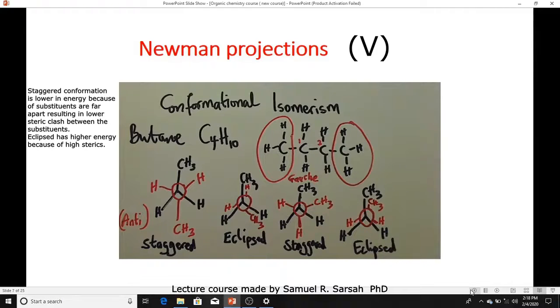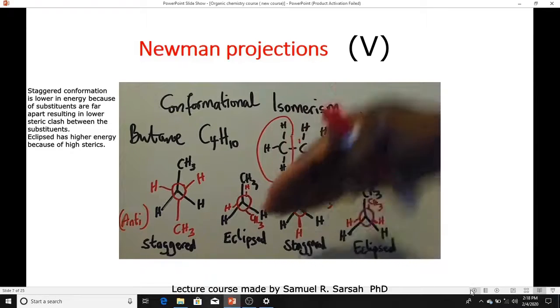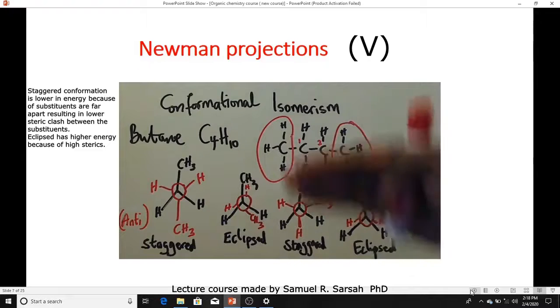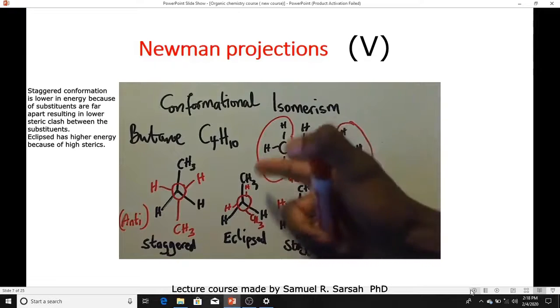And so the staggered ones are the most stable, and of course they are lower energy, because if you look at the eclipsed, the groups are bumping into each other, so the energy is raised for the eclipsed due to steric interactions between the groups.